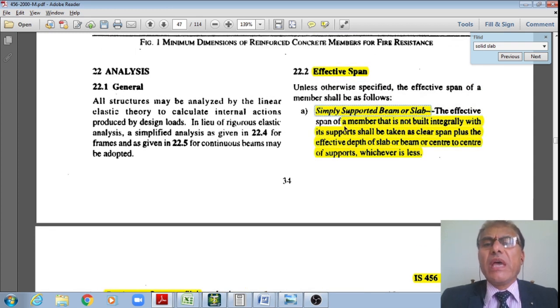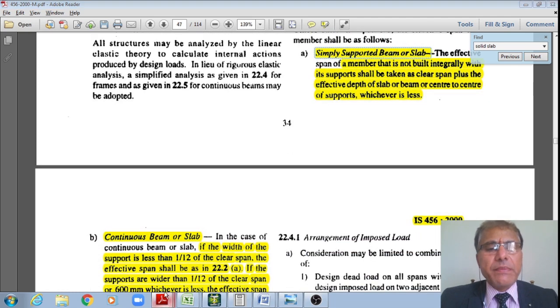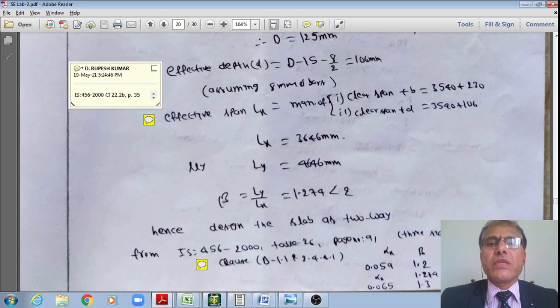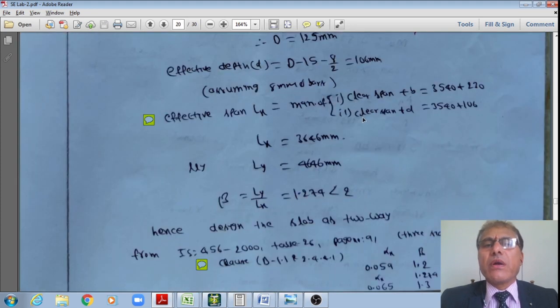Now the code says the effective span of a member that is not built integrally with its support shall be taken as the clear span plus the effective depth of the slab or beam, or center to center of the supports, whichever is less. Therefore let us substitute the numeric values, student. Just recall that formula.